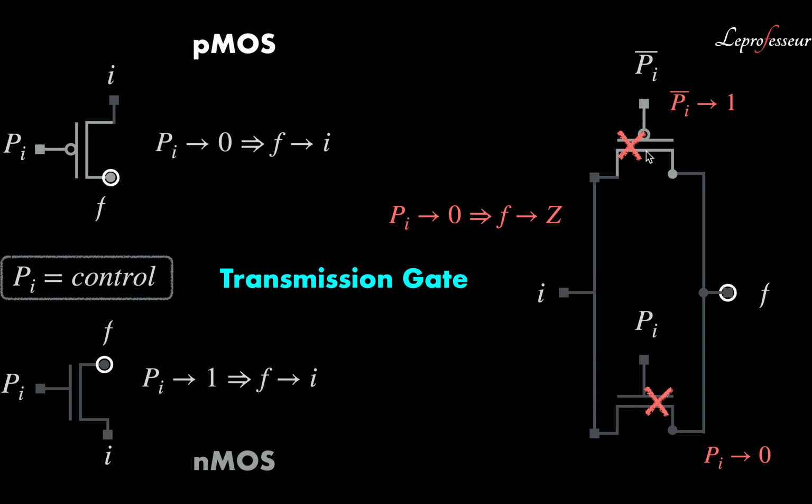In reality, it may not block 100%, but it will block significantly so that the output becomes Z, or high impedance. In the water analogy, where we have a big tank of water at one end, the water flow will be blocked.